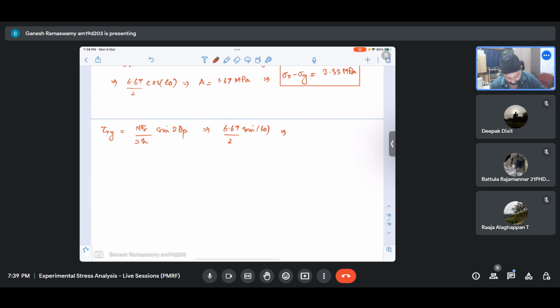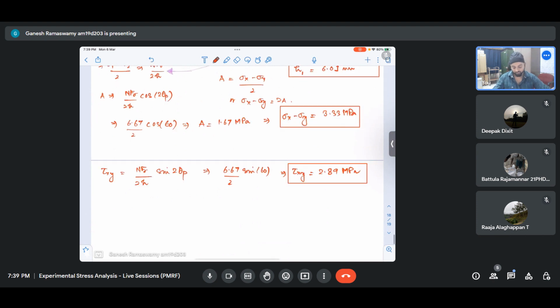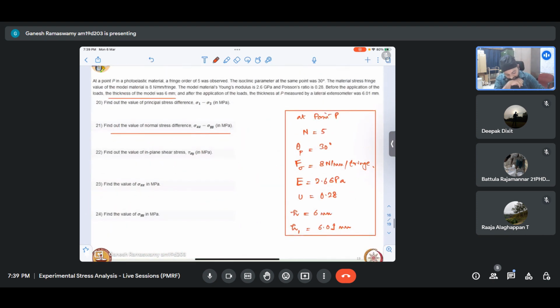So tau xy at that point comes out to be 2 into sine 60, nearly 2.89 MPa. Okay, so far so good. So I have been able to find tau xy also.